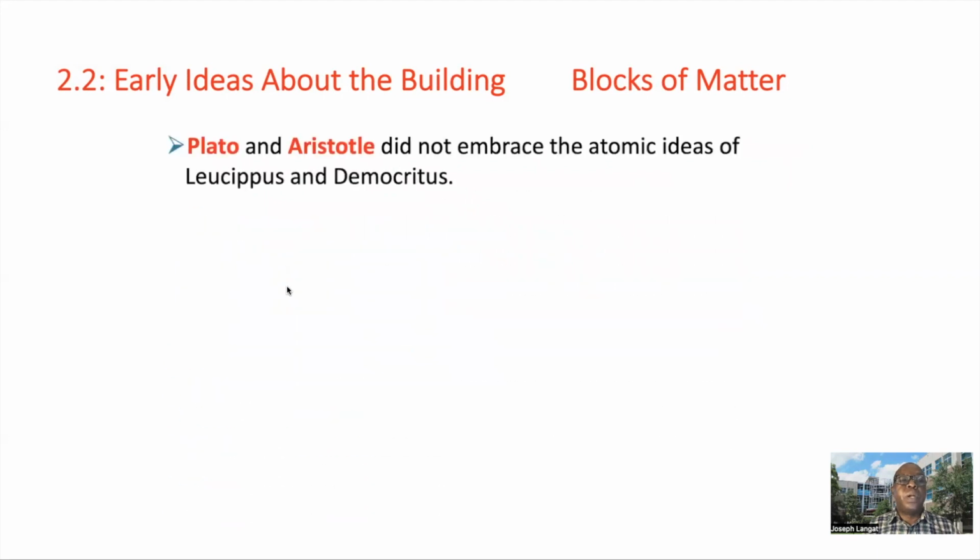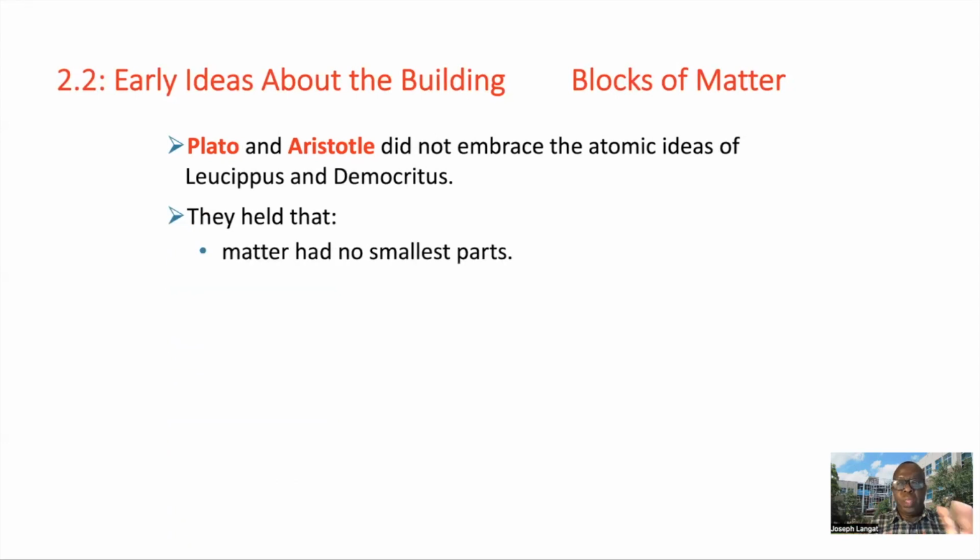Now, two other Greek philosophers in ancient Greece, Plato and Aristotle, did not embrace the atomic idea of Democritus, because they believed that matter was continuous. What do I mean by continuous? They believed that there is no end.